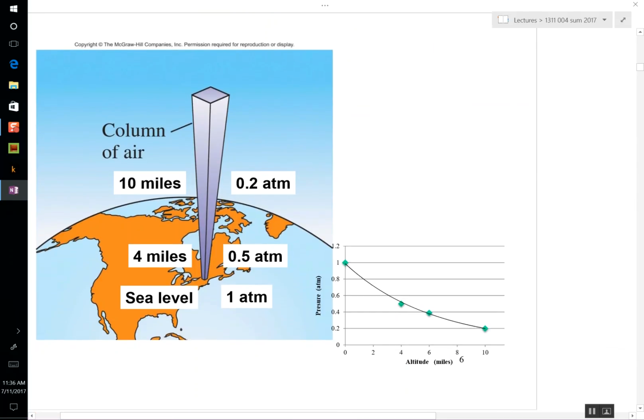As we sit here right now, we are all under a certain amount of pressure. We're sitting under a 20-mile-high column of air, which is our atmosphere. All right? And you think, well, boy, this seems pretty light. You know, I don't feel anything.